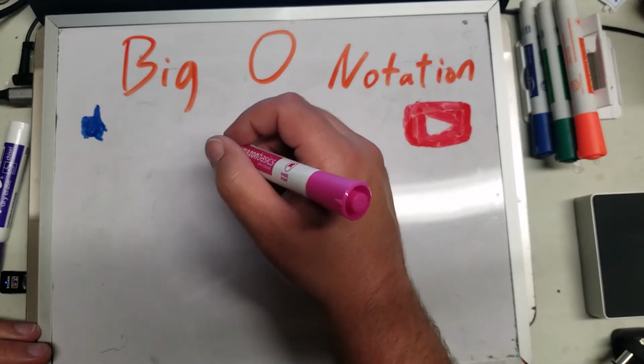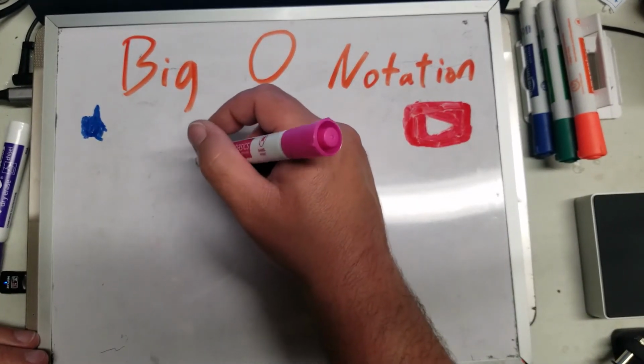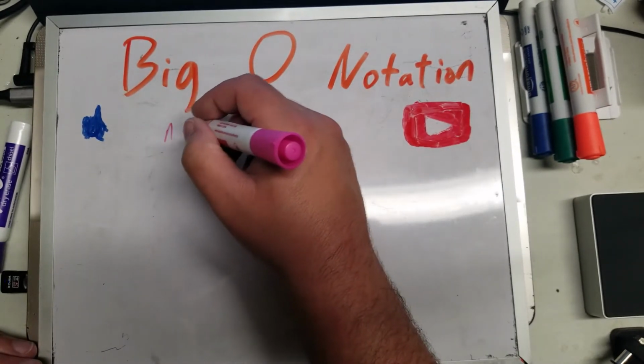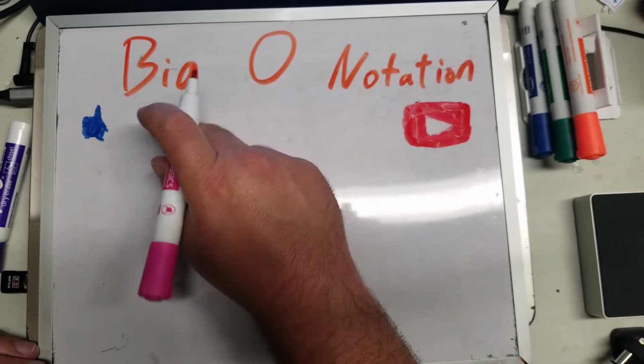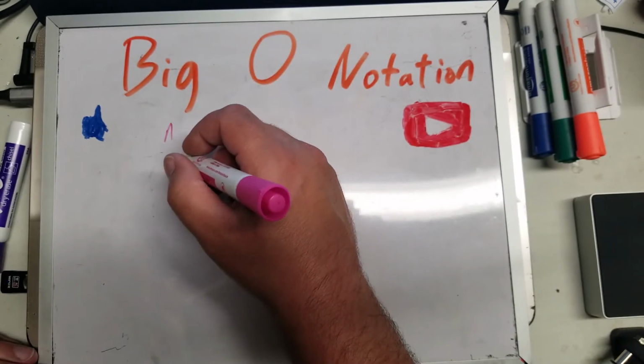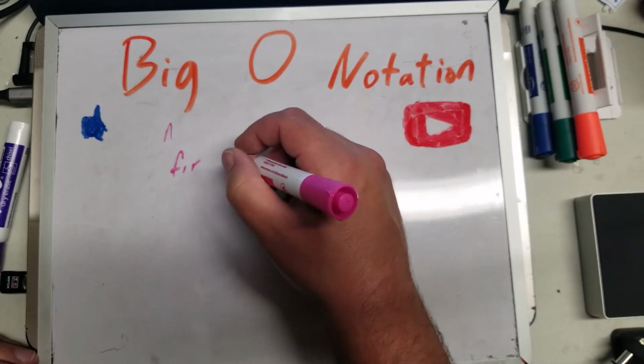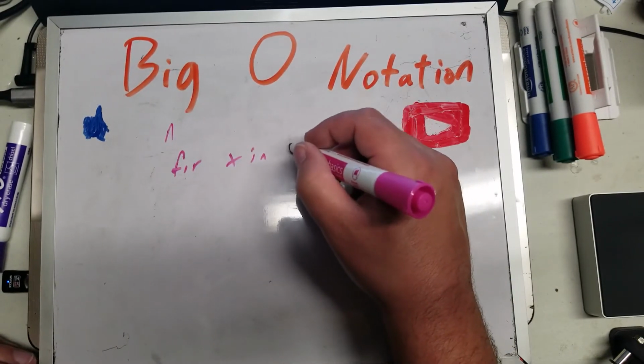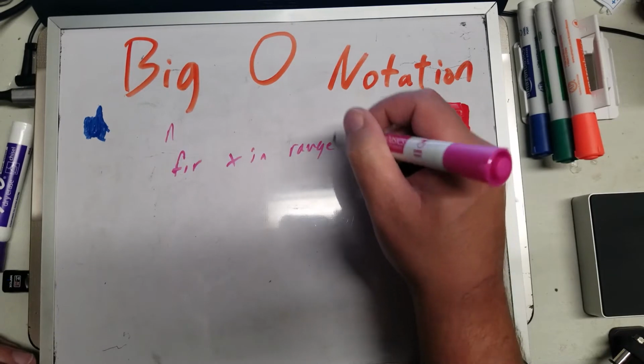So what happens if you do a for loop? You've got that whole operation, and that was N, and now you add in a for loop. So, for x in range 124, this is in Python.